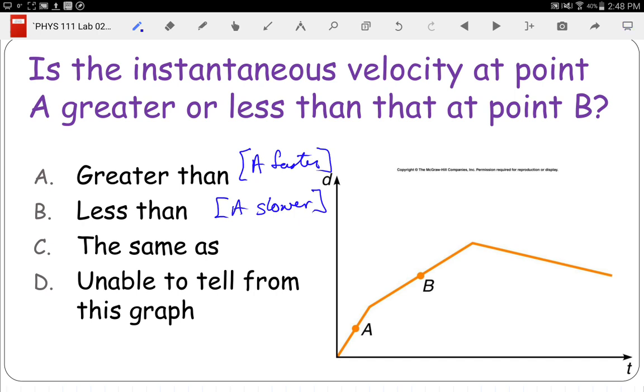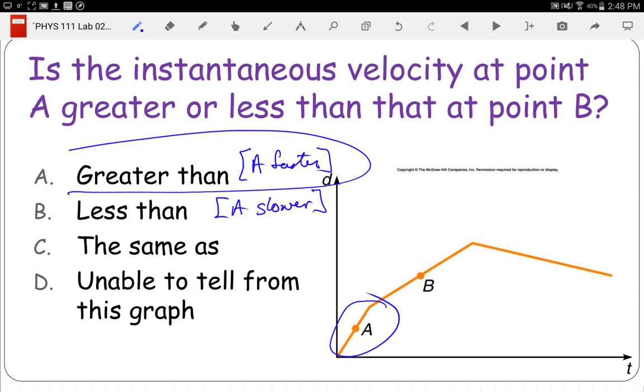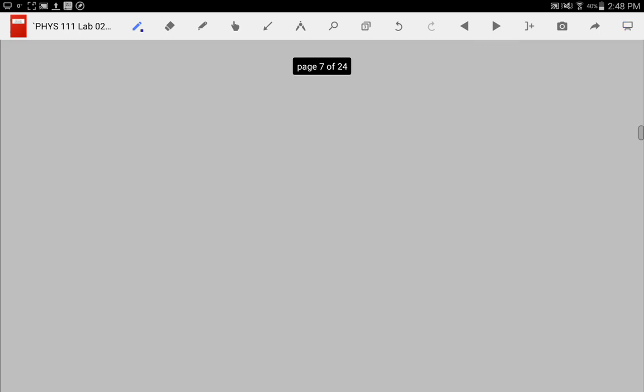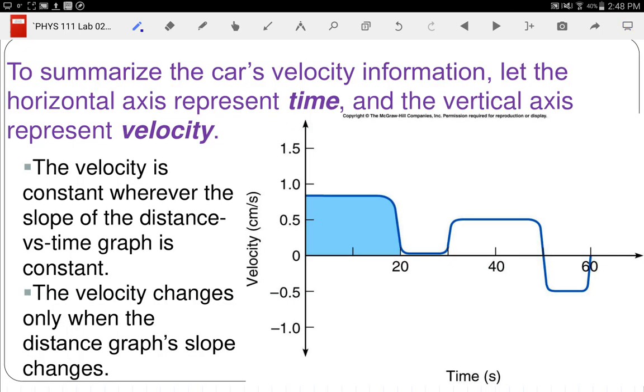You did, right? Which one's going faster? A, because it's steeper. Oh, hey, now it shows. So yes, all but one person said that.